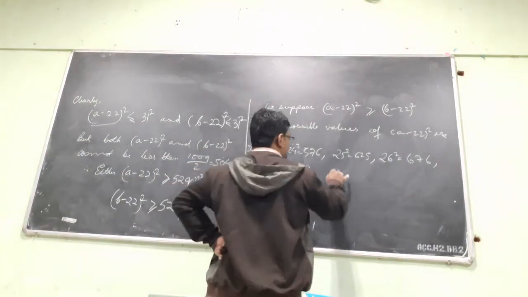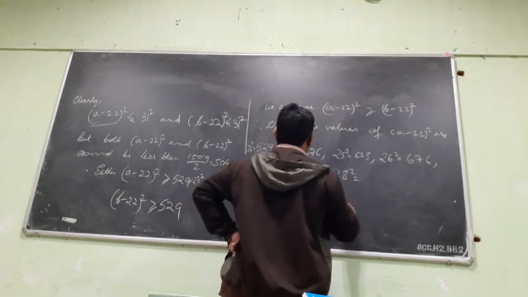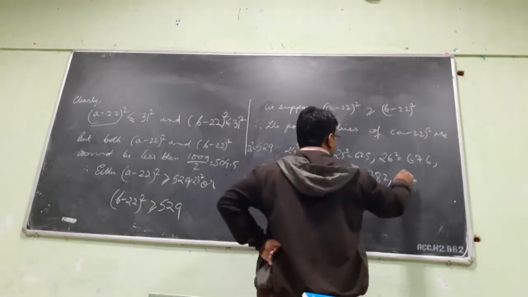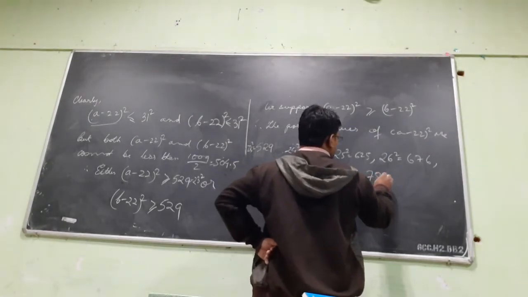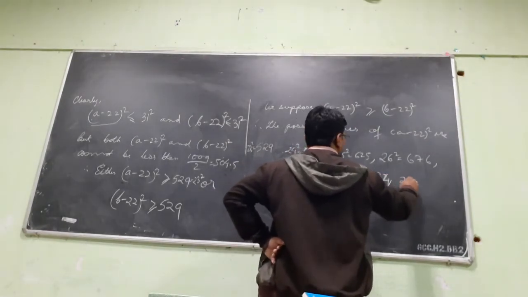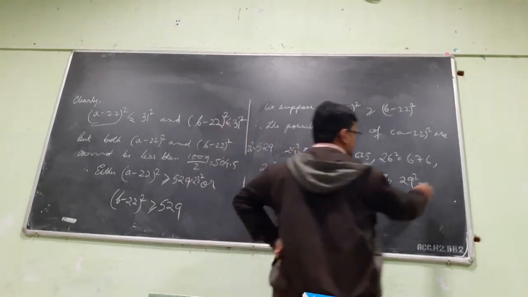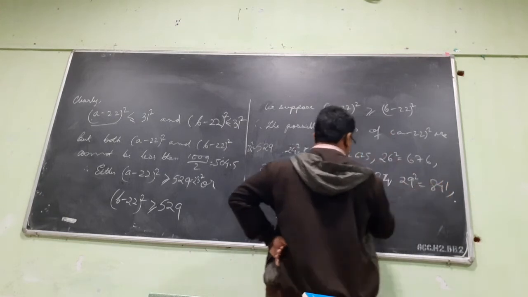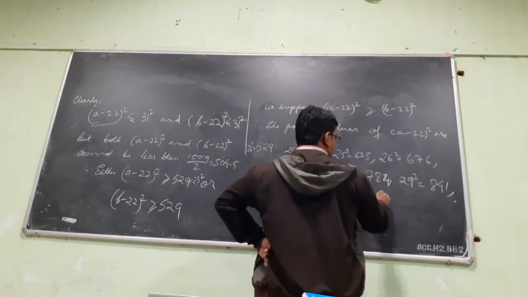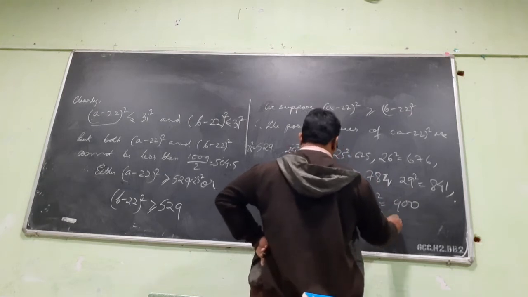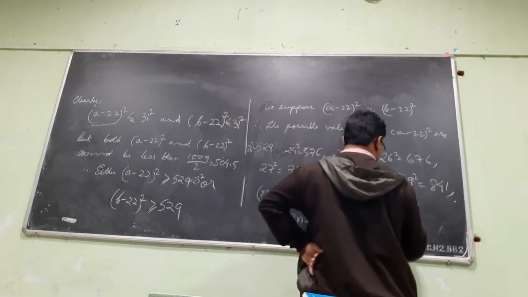So similarly 28 square is 784, then 29 square is 841, 30 square is 900, and 31 square is 961.